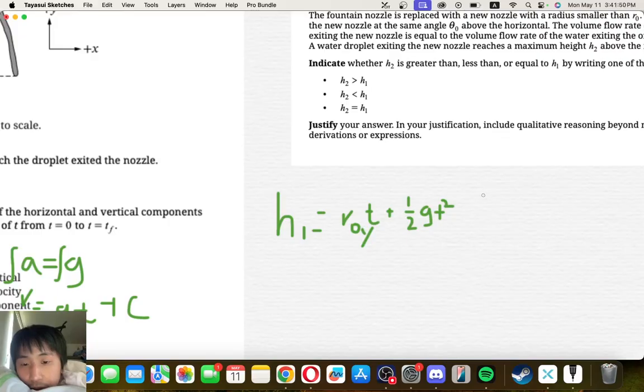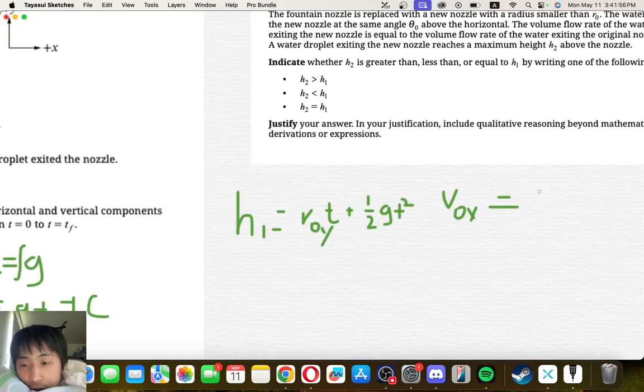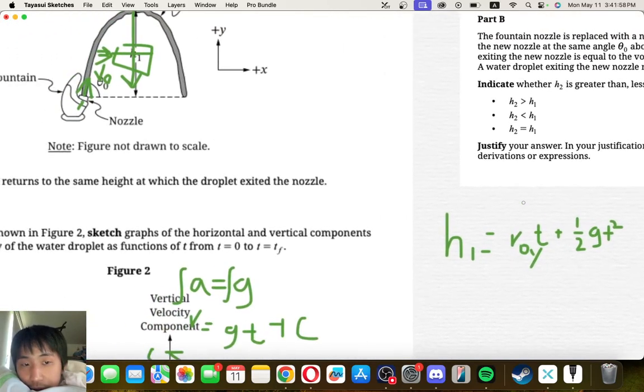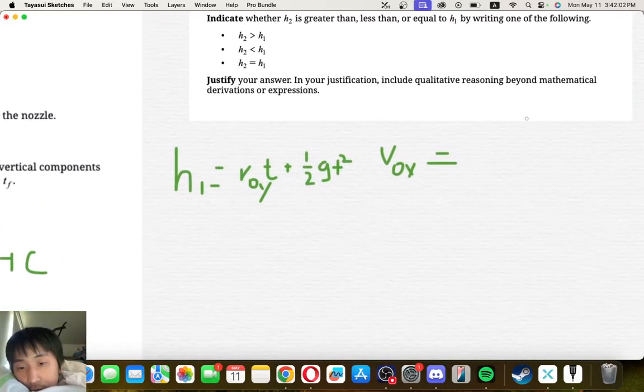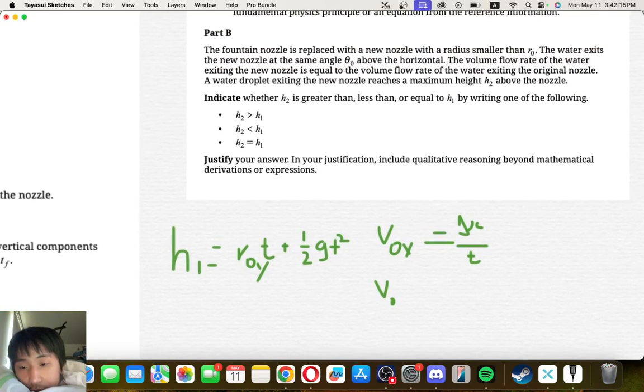So we know that V0x equals change in x over t. It doesn't even change. I'm really struggling with how I'm gonna change this into change in x.